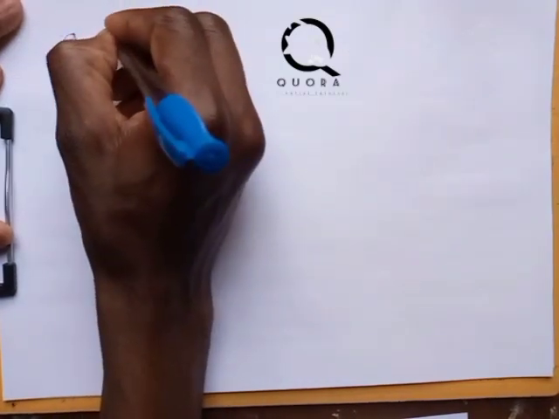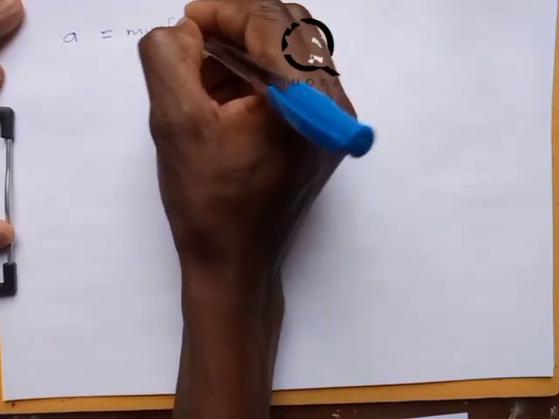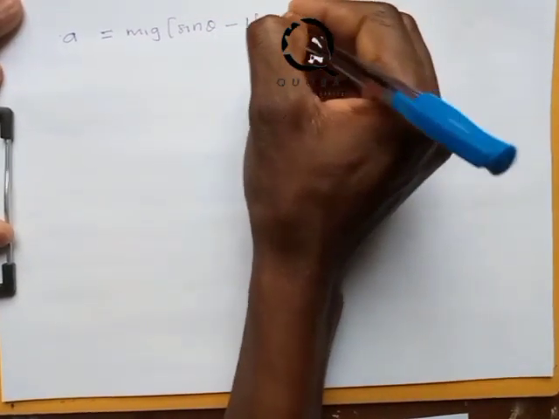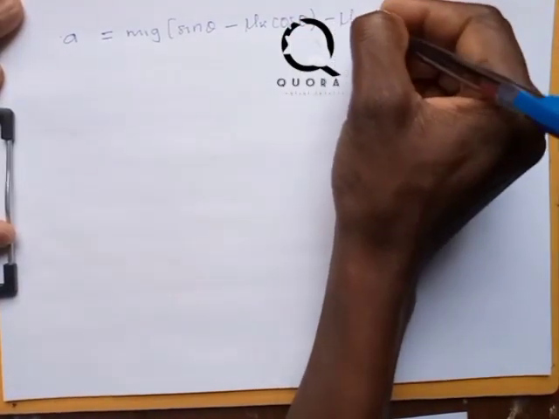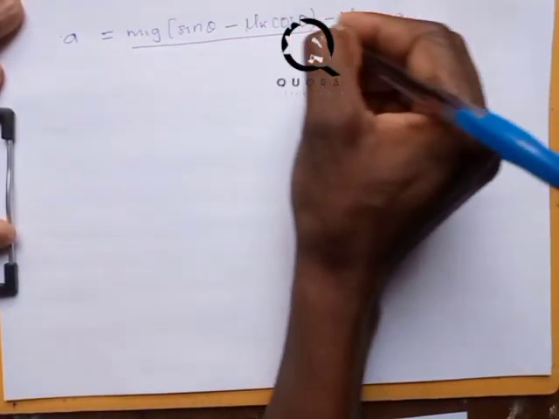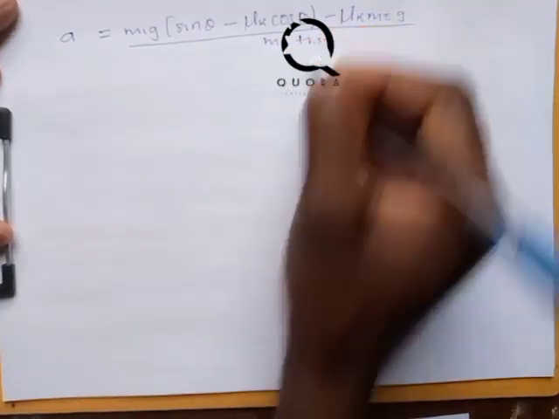Say a is equal to M1 g (sine theta minus mu K cos theta) minus mu K M2 g, over M1 plus M2.